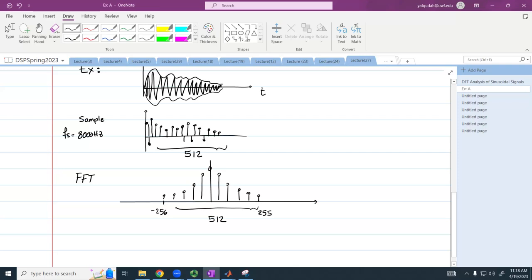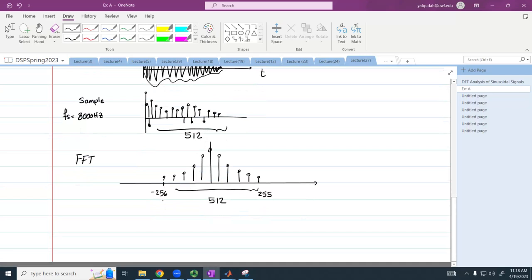Now this corresponds to negative pi, and this corresponds to pi, because this is our discrete signal. The frequency range is from negative pi to pi.